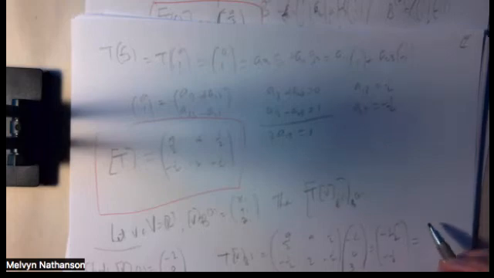Let's see if I can calculate this. I get -9 plus 3/2. That's -18/2 plus 3/2, which is -15/2. This times this is 1 minus 3/2, which is -1/2. So if I take T of V and write it with respect to B2, that's what this should be.